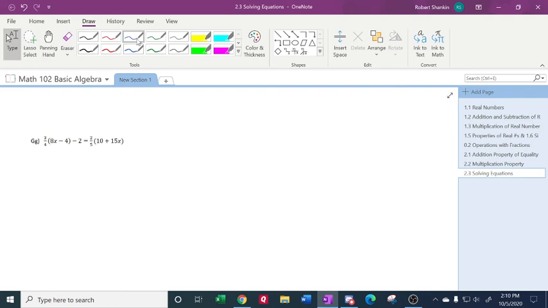Okay, let me have you stop where you are. And let's look at the top of this problem first. I can't do anything until I can get rid of these parentheses. So I'm going to take 3/4, and I have to distribute it to both.